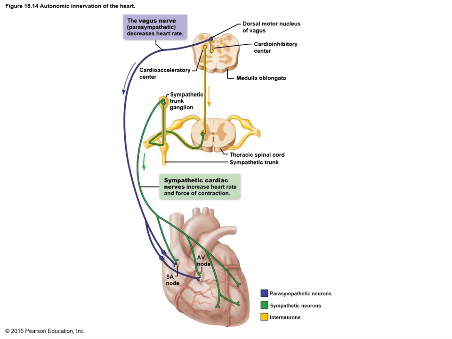We have sympathetic nerves, remember those are the life or death, fight or flight nerves, coming in on their own set of wiring, and they connect to the SA node and the AV node, but they also connect down directly to the ventricles as well.